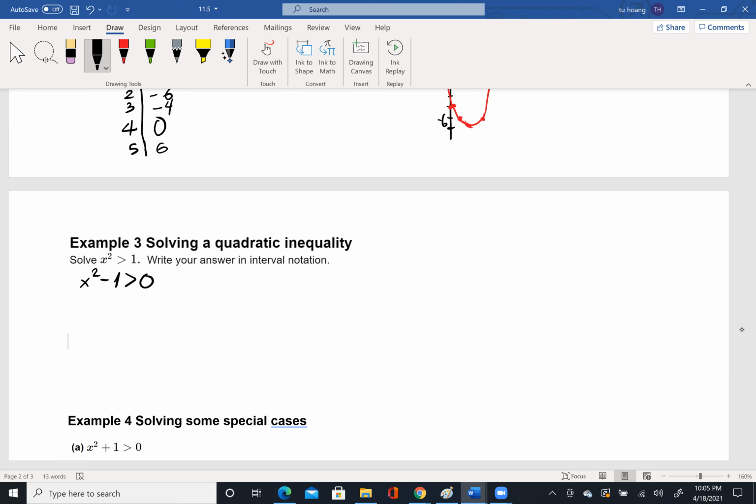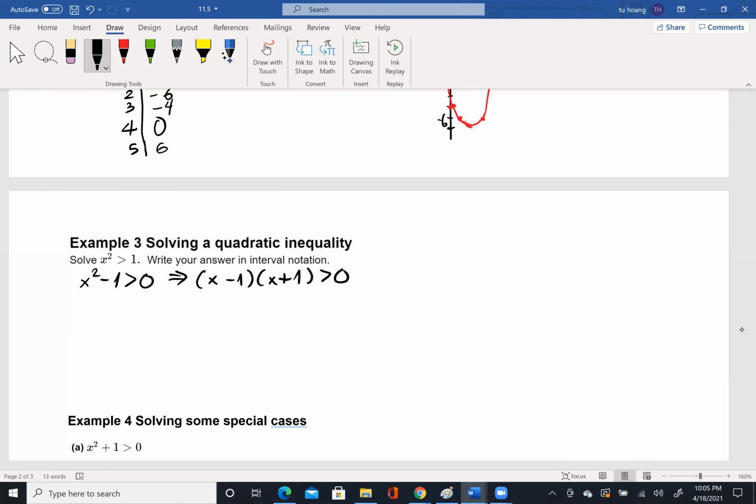And then you can factor this. Let's factor it first: x minus 1 times x plus 1 greater than 0. You can factor like that, so that's fine.